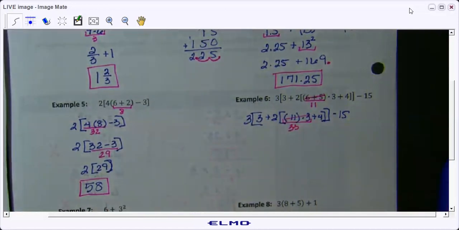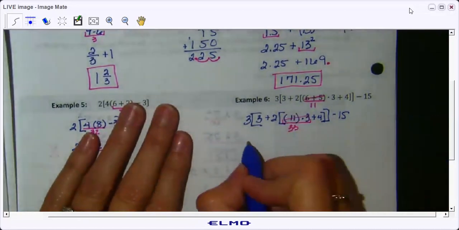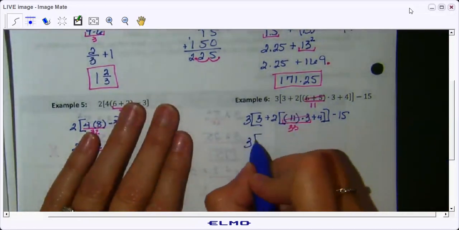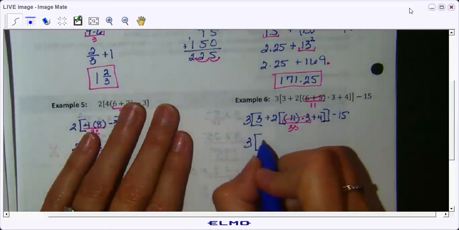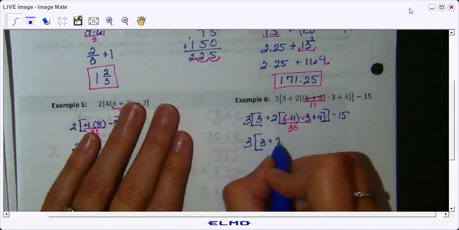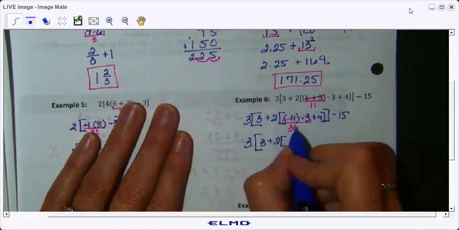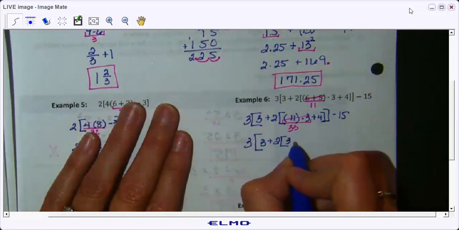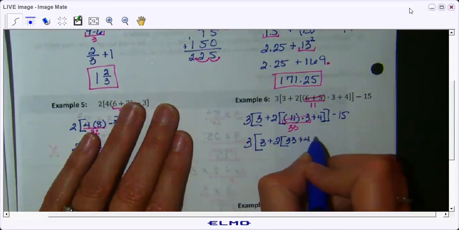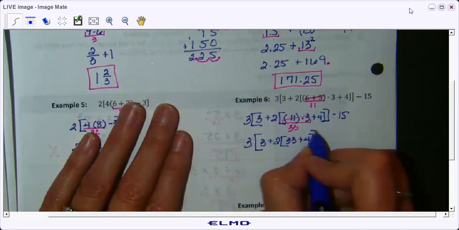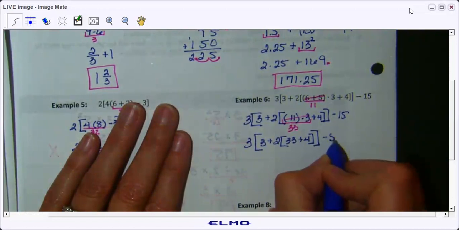Now I'm going to rewrite everything that I still have left. So I have a 3, start a big bracket, 3 plus 2. I still have a bracket. I haven't gotten rid of it yet. 33 plus 4 in my small bracket, in my big bracket, minus 15.